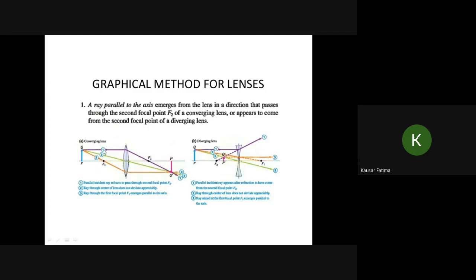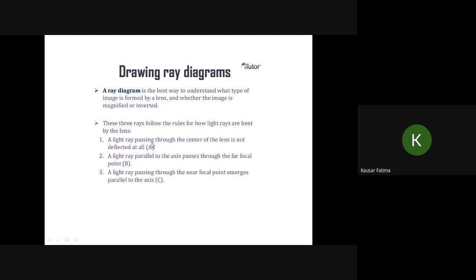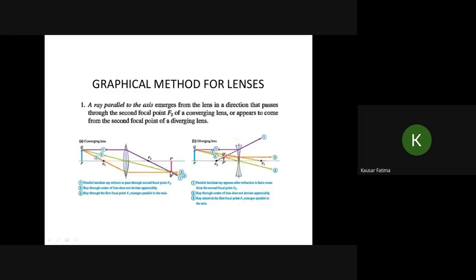So the first ray which is coming parallel to the principal axis passes through F on the other side. The ray of light parallel to the principal axis passes through the far focal point. So this is passing through this point.